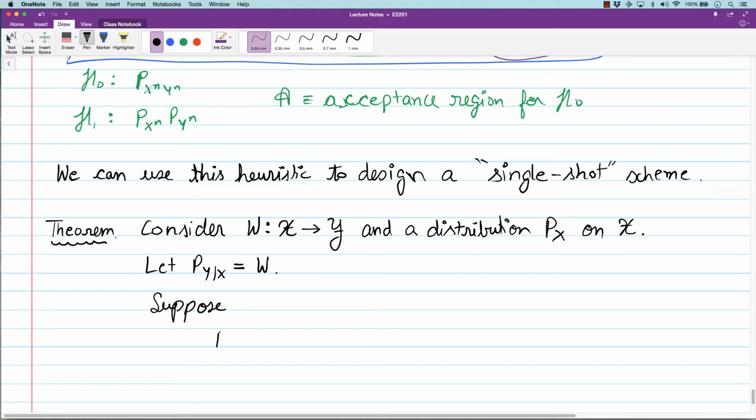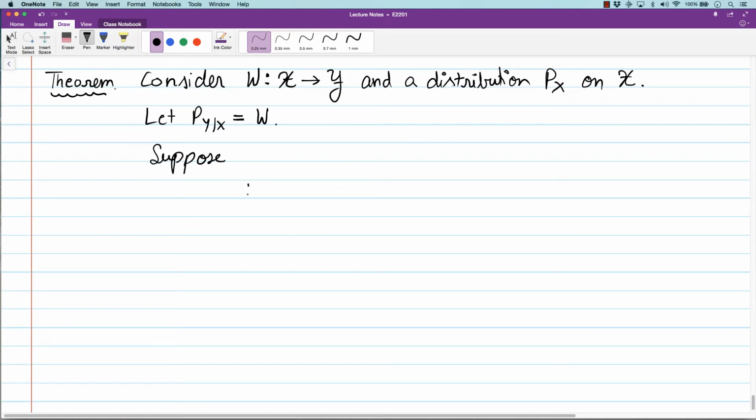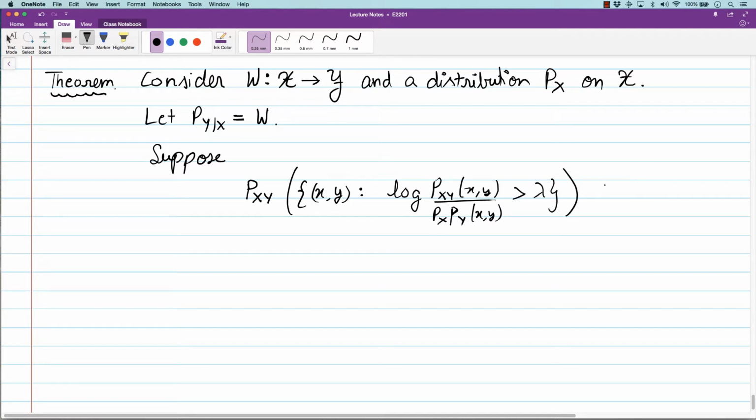Suppose under this joint distribution, the probability that xy appears, by the way, this condition and this entire approach is sort of the acceptance region for a test, something we saw when we proved Stein's lemma in one of the early lectures. So suppose this condition holds.